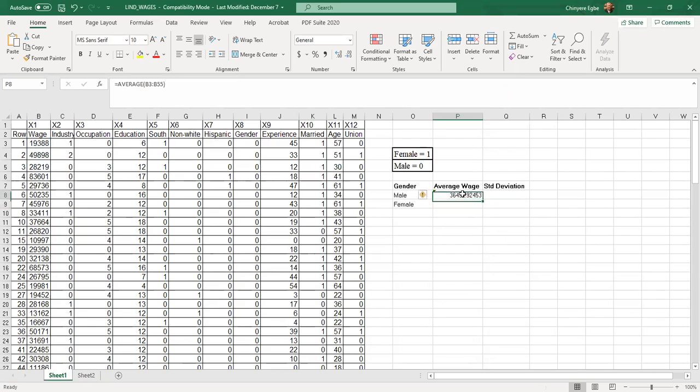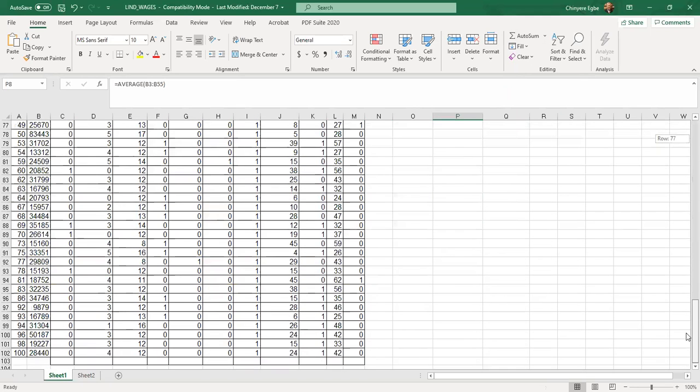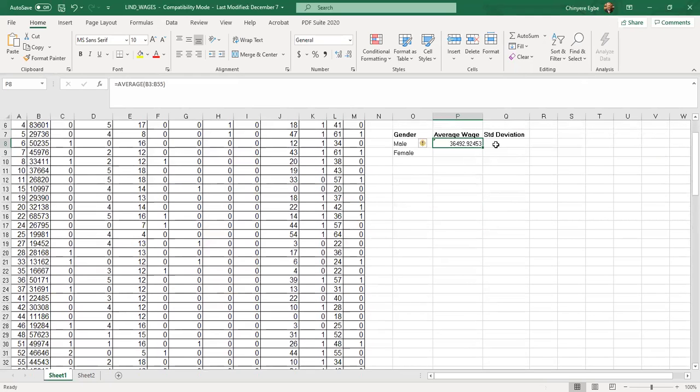And so the average male wage is 36,492. And the females go from 56 to the end, which is 202. It's easy.